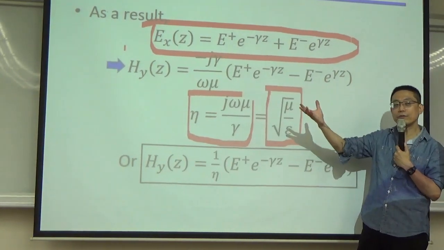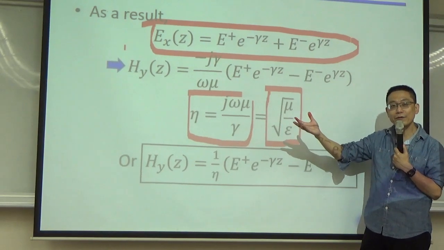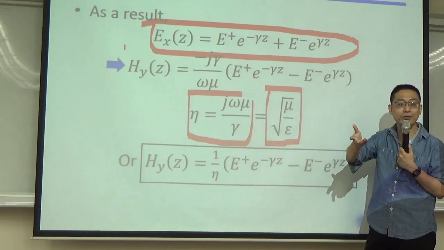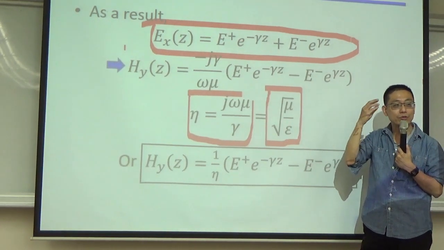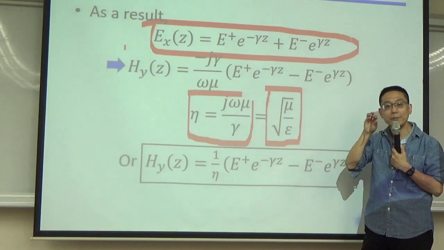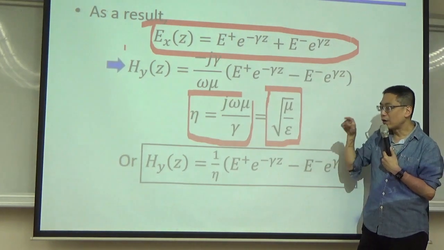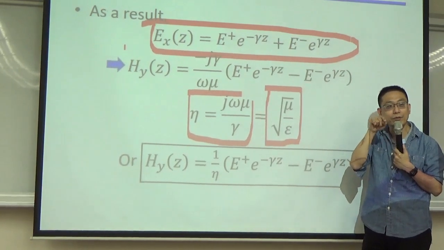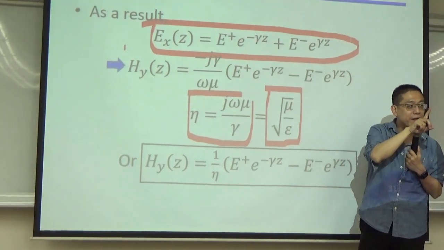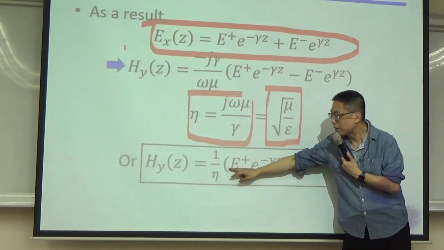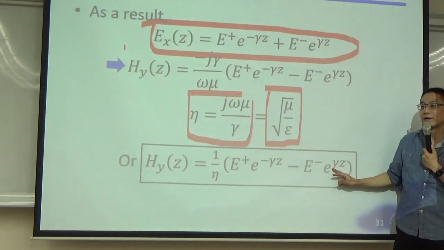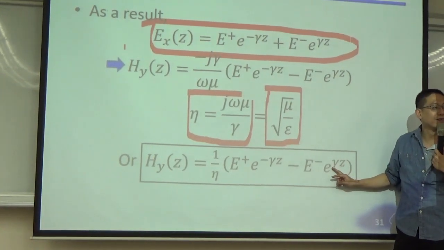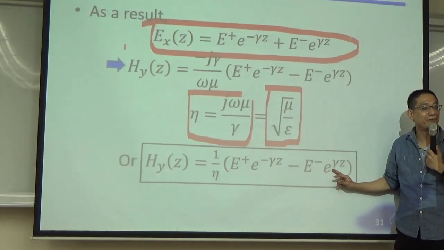Then we can have a new quiz, right? Very similar quiz. But maybe I will leave this question to you, and you should try to apply lossy E and H field, very similar to your quiz, from lossless to lossy case. See you in the midterm for the lossy case.